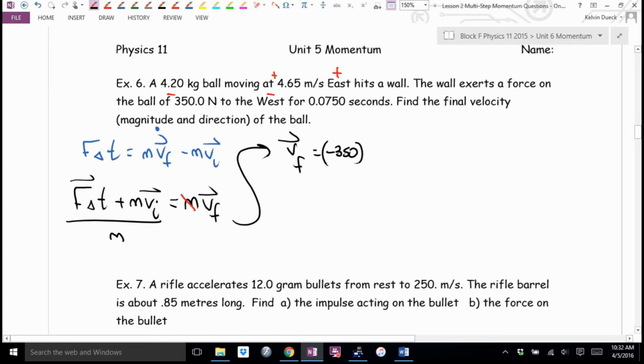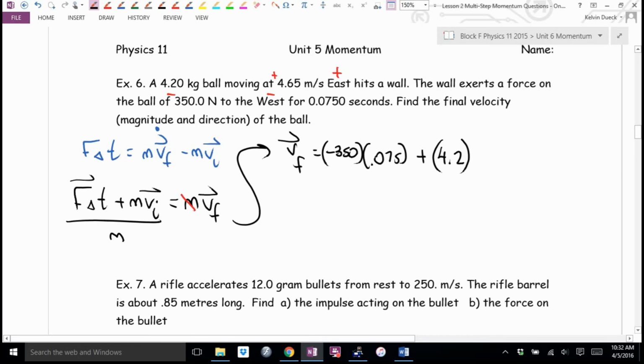What's the time? 0.075. Should the time be negative? It's a scalar, times a scalar, doesn't matter, okay? So 0.075, good. Plus, what's the mass? 4.2. What's V initial?